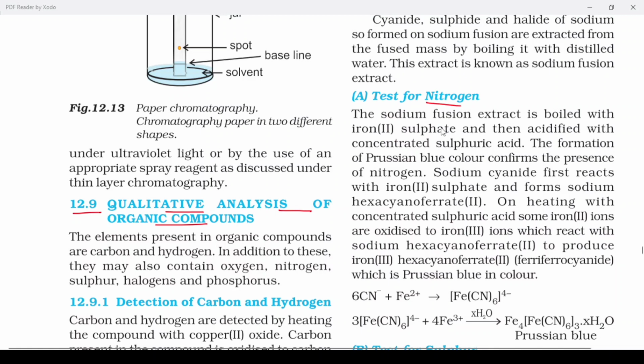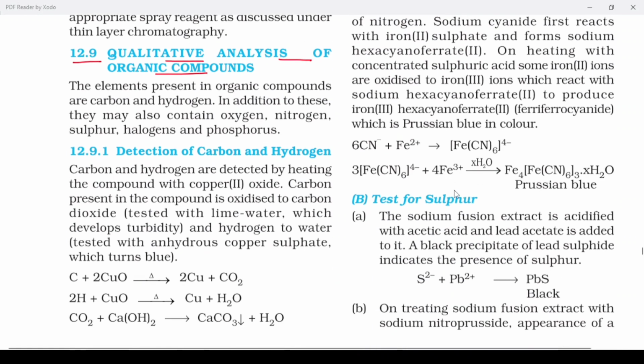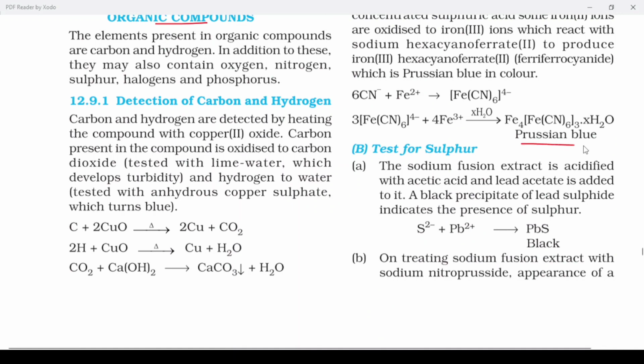In the case of nitrogen, we basically use iron sulfate with concentrated sulfuric acid for detection, and the final product will be Prussian blue. Prussian blue is asked many times in competitive exams like JEE Main and NEET. This question is also asked: what is the molecular formula of Prussian blue?